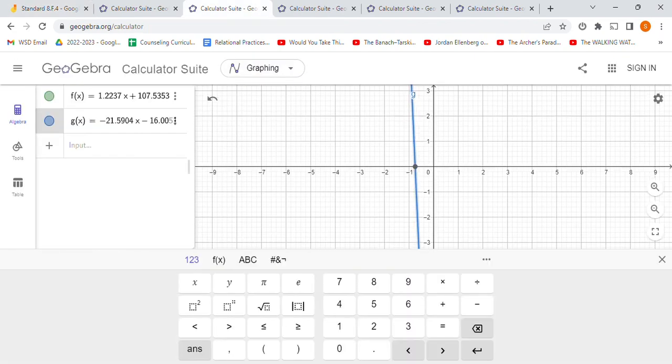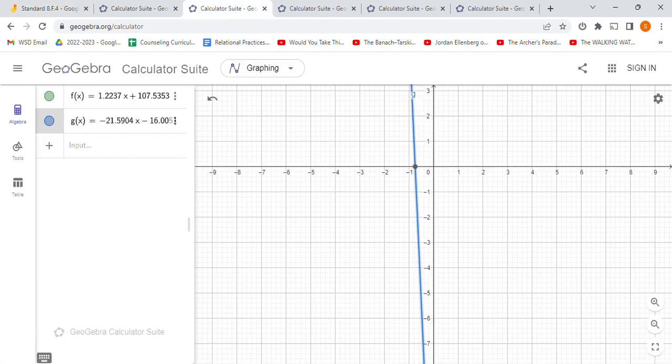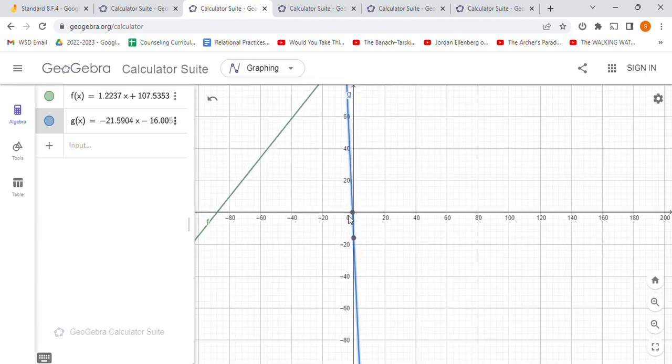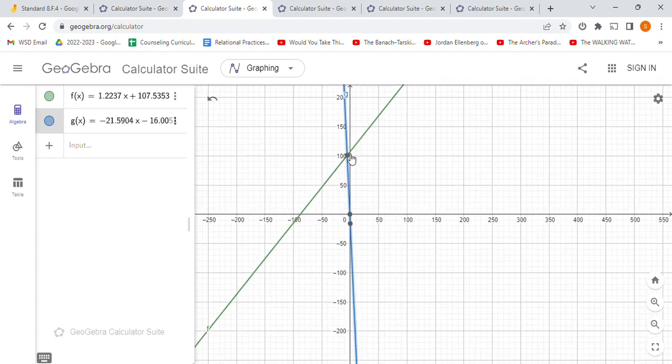By the way, the calculator that I'm choosing to use is GeoGebra from geogebra.org. And we can see those two equations right here. Again, I only see one equation, so we're going to zoom out here and we can see the intersection.